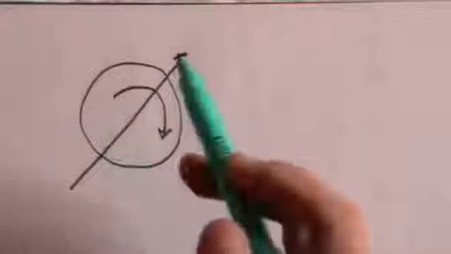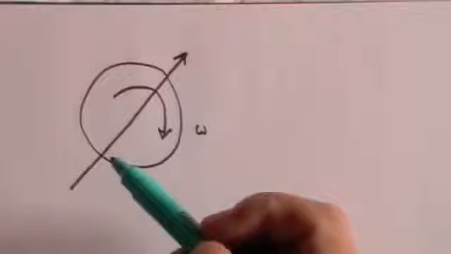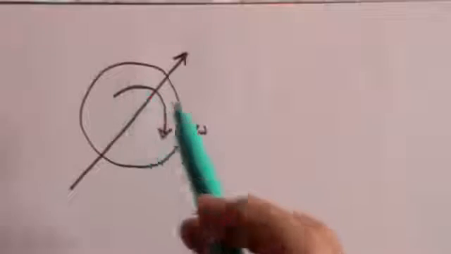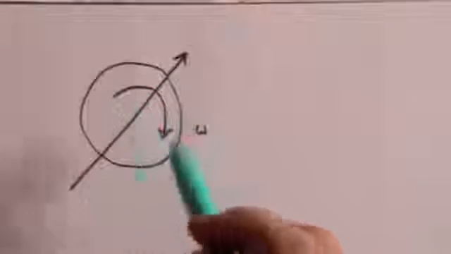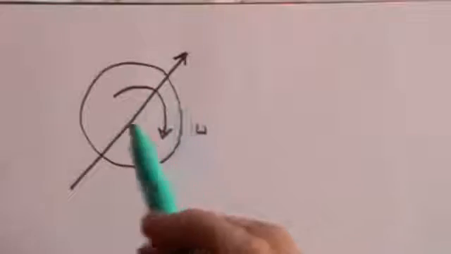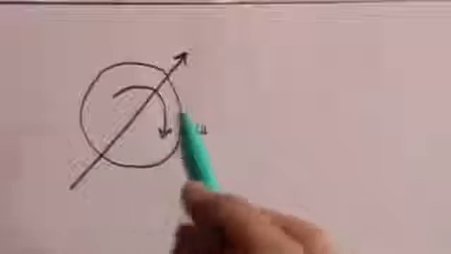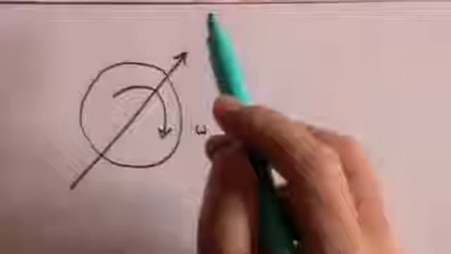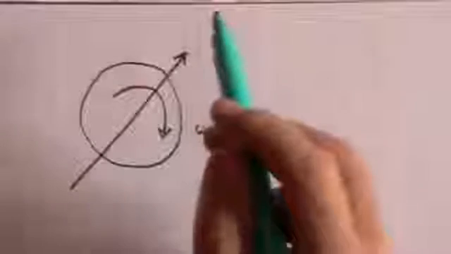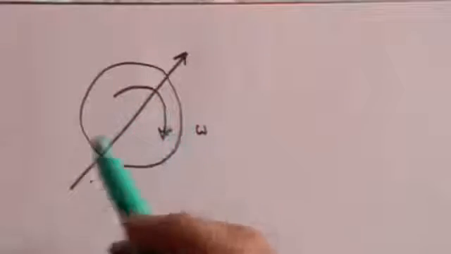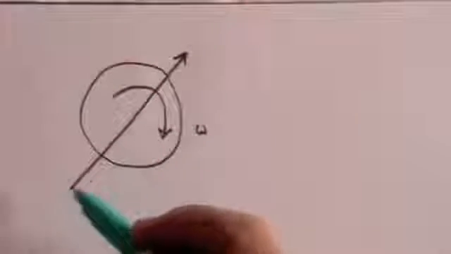And the direction of the axis is given by the corkscrew rule. So you look at the way the ball is spinning, and if it is spinning clockwise, then rather like a corkscrew, the arrow goes in, or the corkscrew goes in. If it's spinning anti-clockwise, then the arrow would be in this direction.